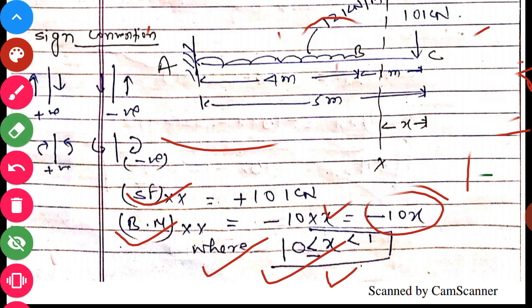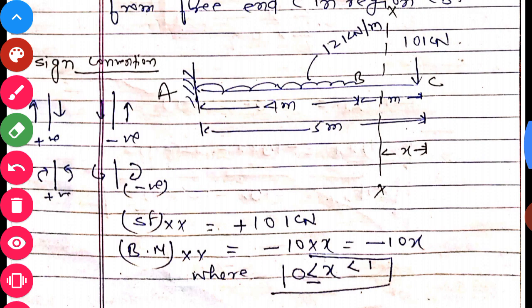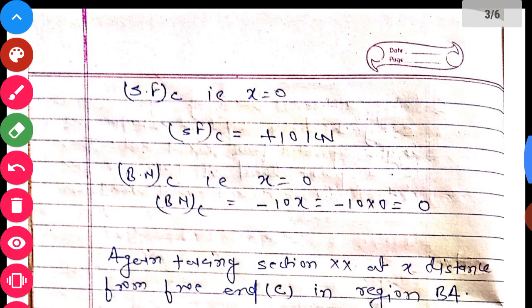After that we calculate the shear force and bending moment at every point, that means at point C and point B. But in this case we calculate only the shear force and bending moment at point C, because shear force and bending moment vary only in region BC, meaning x less than 1 and greater than or equal to 0.